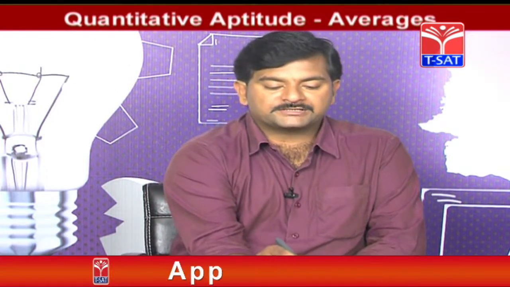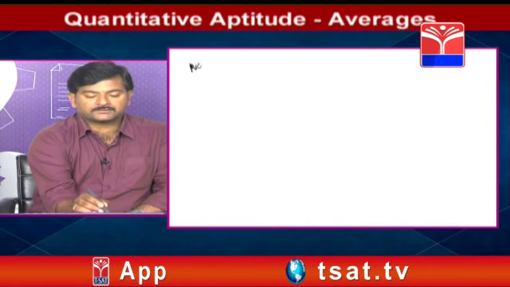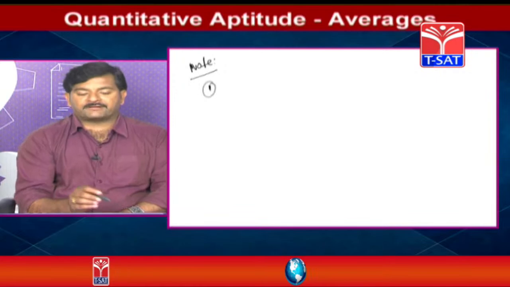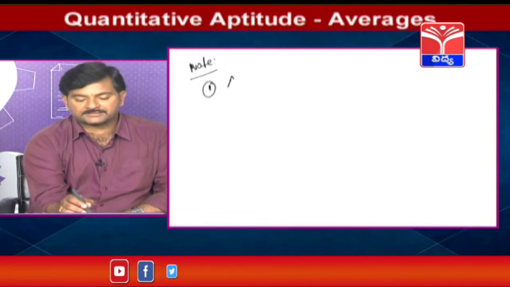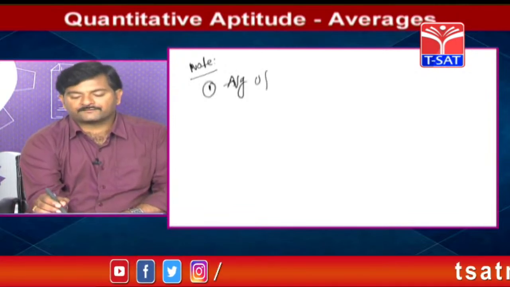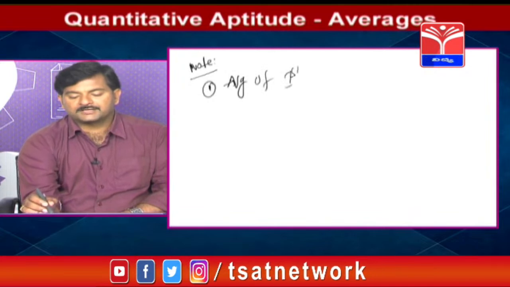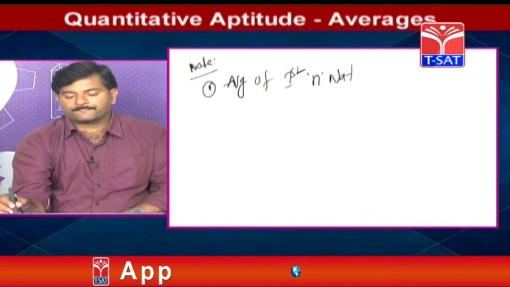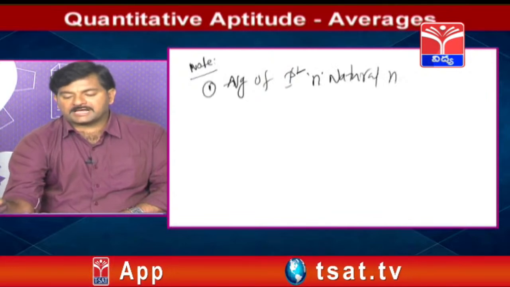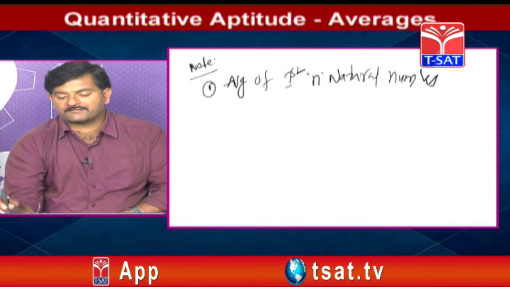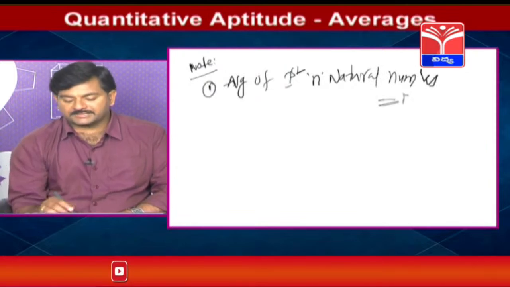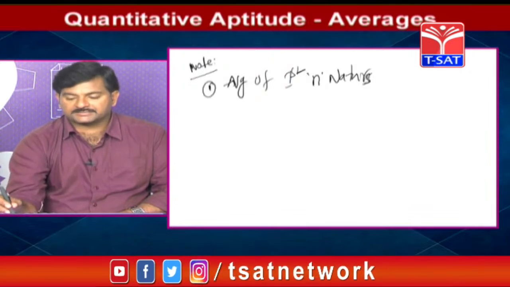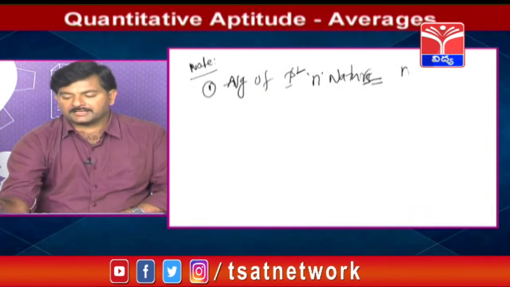So what I mean to say is, for example, he asked to find the average of the first n natural numbers. The average of the first n natural numbers is simply n plus 1 by 2.